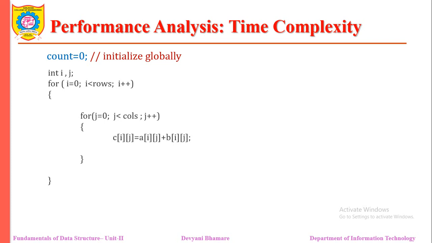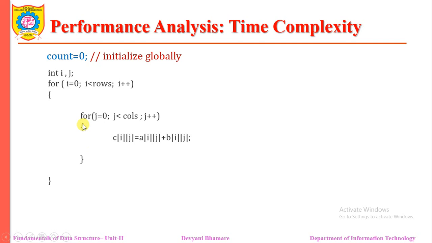So the first outer for loop will be executed based on the value of rows, and the inner for loop will depend on the outer for loop. While i is 0, j becomes 0, 1, 2 and so on. We can say that our outer for loop controls our inner for loop.